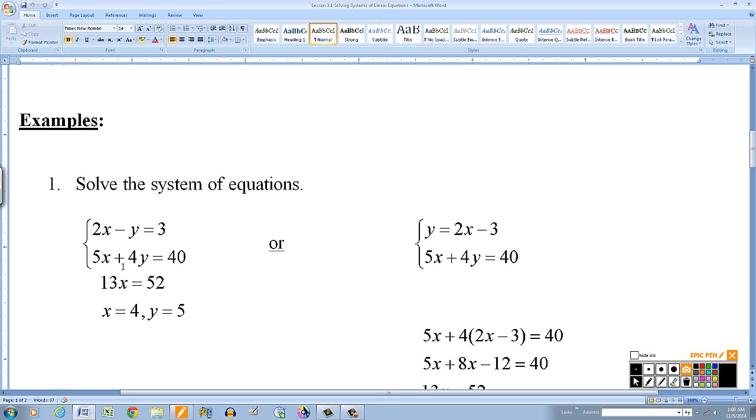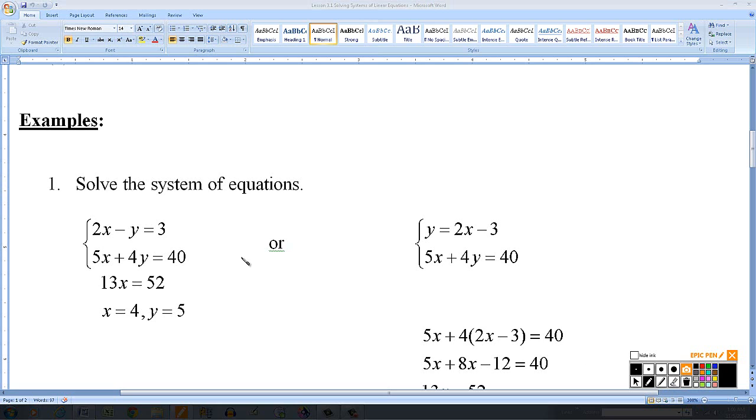Notice in this case, if I add, the x and the y are not going to cancel. So I say, okay, let's multiply the first equation by, say, 4. If I multiply the first equation by 4, this becomes 8x minus 4y is equal to 12.